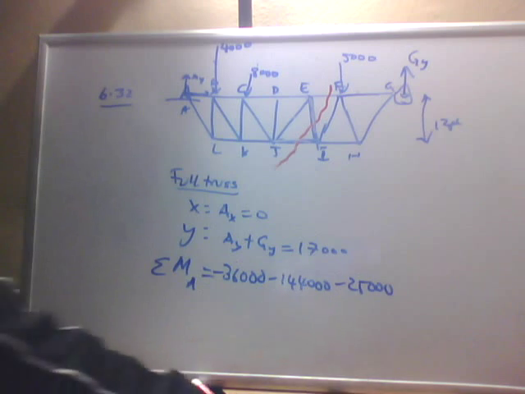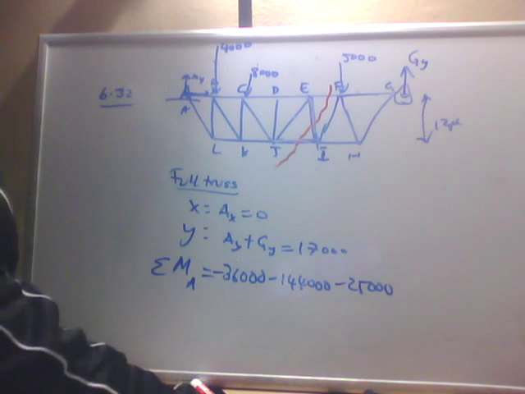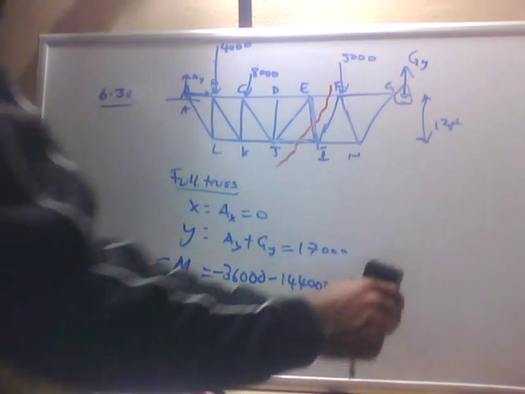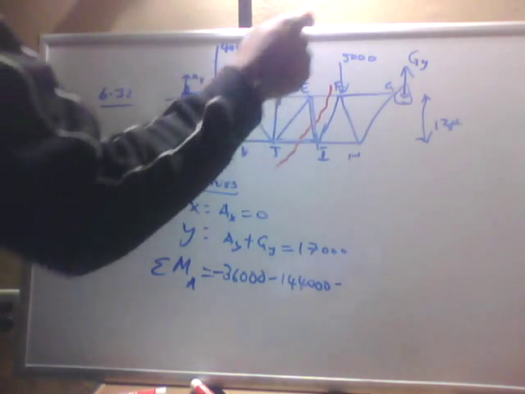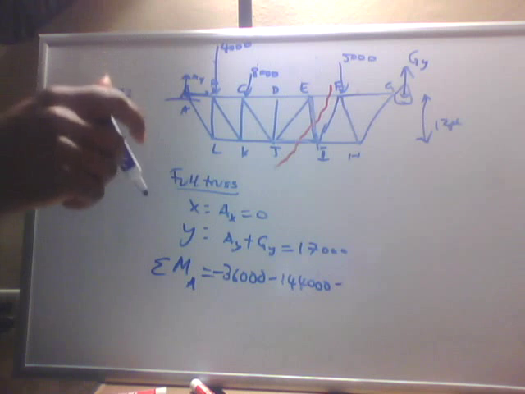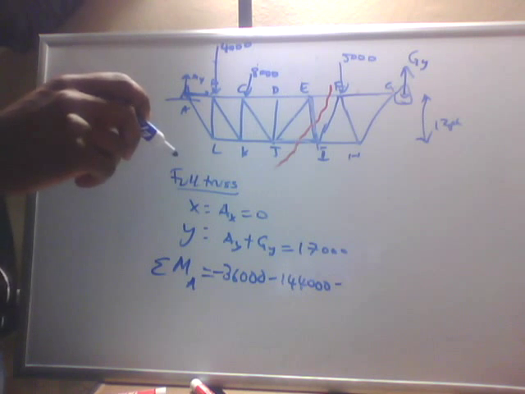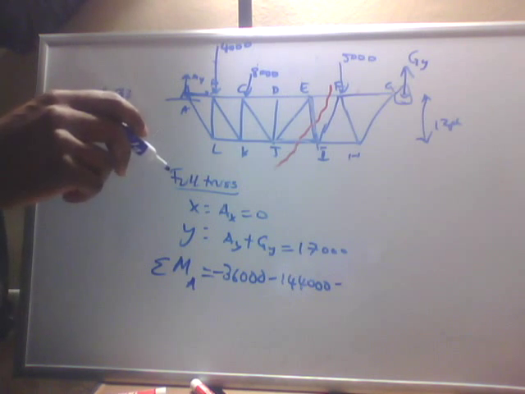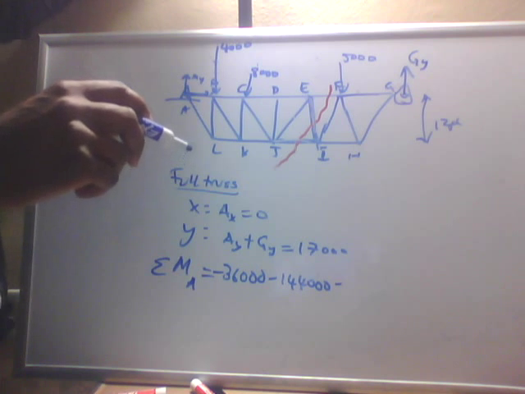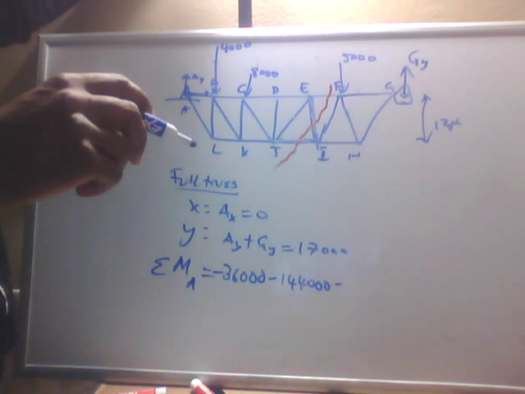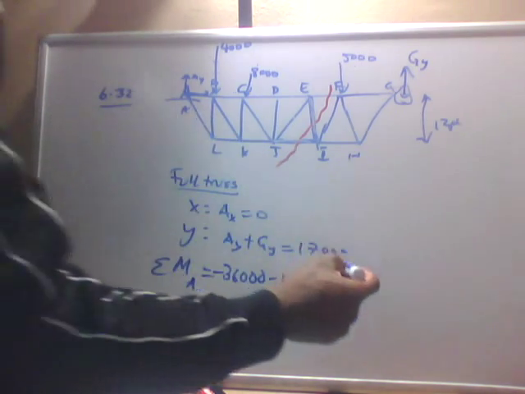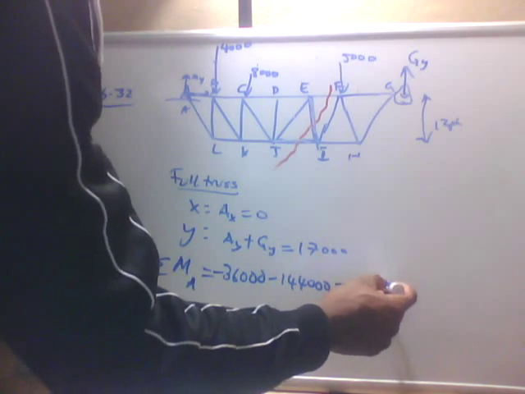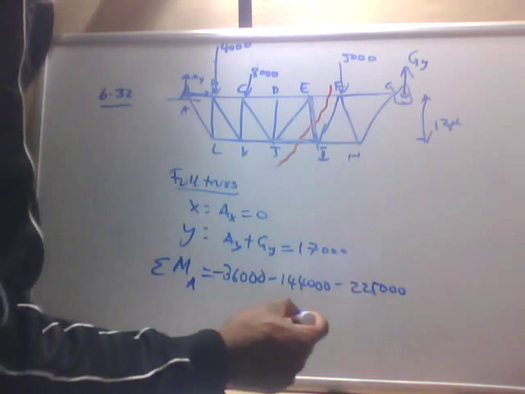Sorry, 9 times 5. 9 times 5 is 45 times 5,000. That's what I'm looking for. 45 times 5 is 225,000, also clockwise.